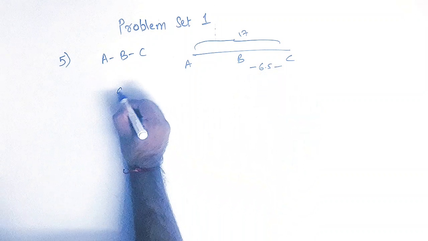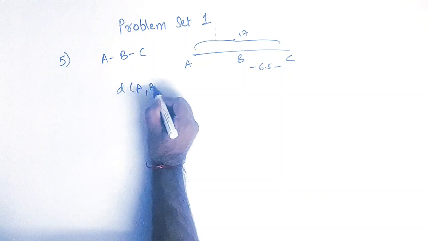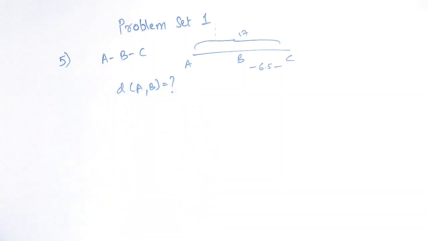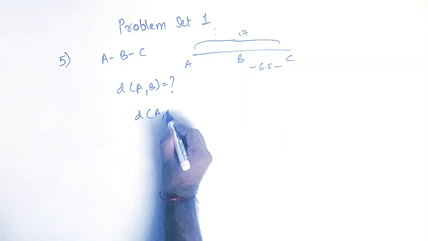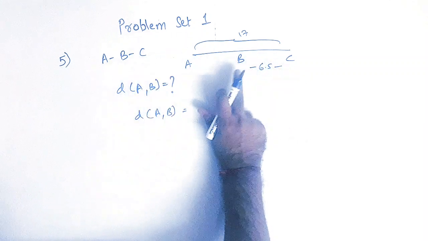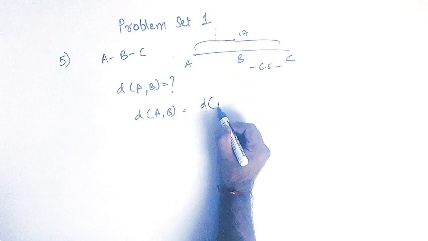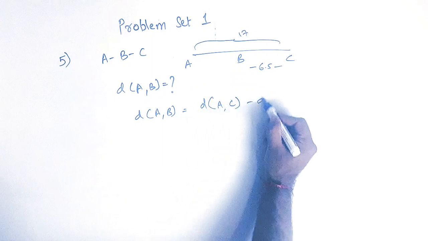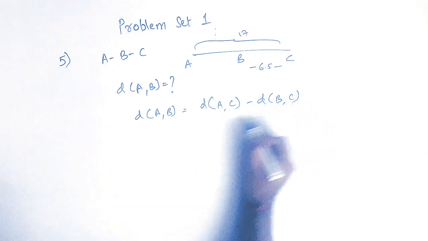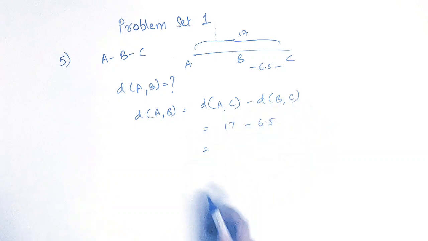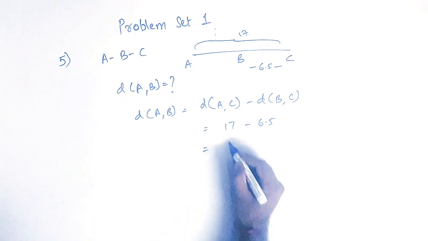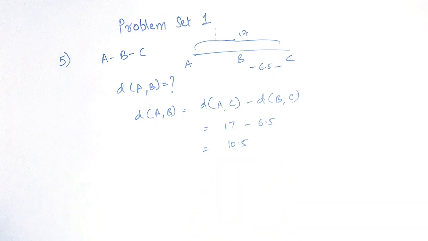And they have asked what is distance AB. So what will you write? Distance AB is equal to AC minus BC. Yes, it is AC minus BC. So it is 17 minus 6.5. What is 17 minus 6.5? It is 10.5.